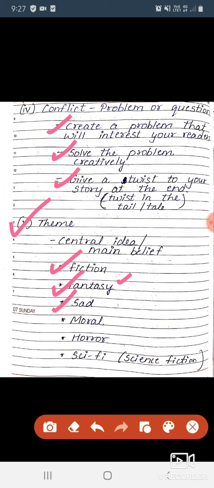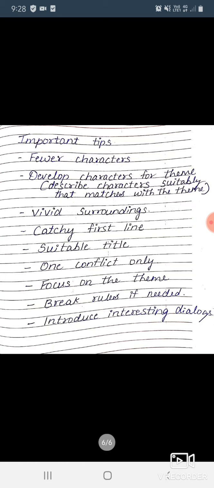You can write a sad story, you can write a moral story, you can write a horror story, you can write a sci-fi story. Sci-fi story means science fiction story, something imaginary, but it is about science. That is called a science fiction story. You can also write something based on the funnier side. You can write humorous or comical stories as well.